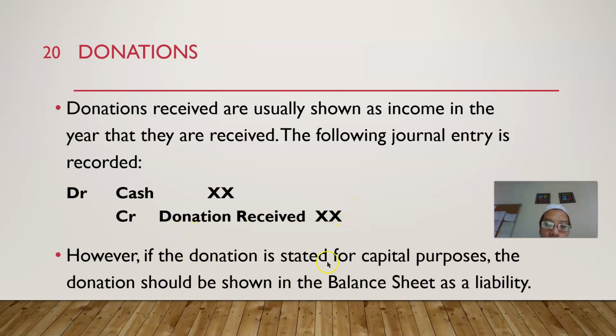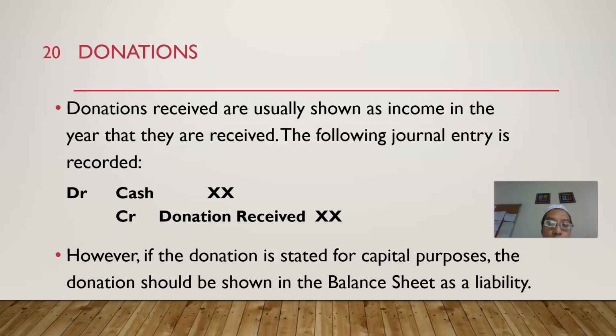However, if the donation is stated for capital purposes, if the donor said that the money they are giving is for a specific capital purpose, maybe the donor gives 100,000 ringgit for the non-profit organization to build a clubhouse, that is for capital purposes. Therefore, the donation received for that amount should not be shown as revenue.